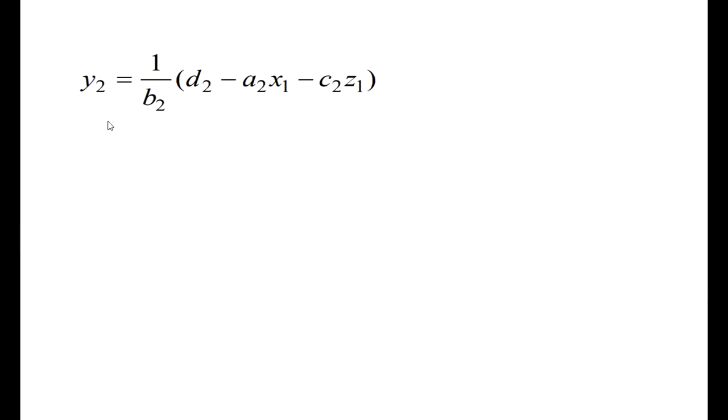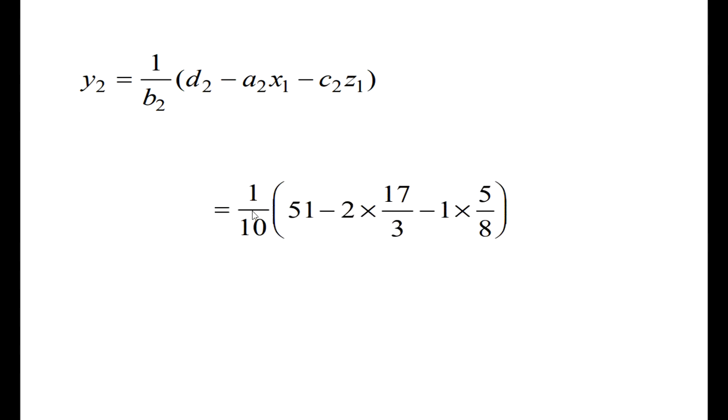y2 is 1 upon b2 in bracket d2 minus a2 x1 minus c2 z1. Hence 1 upon 10 in bracket 51 minus 2 into 17 by 3 minus 1 into 5 by 8. Here we have taken the value of y2 as 3.904.